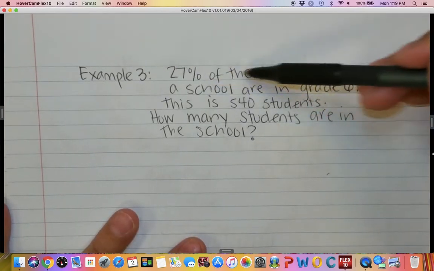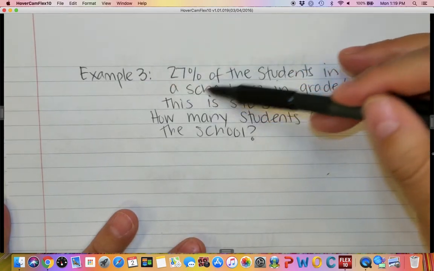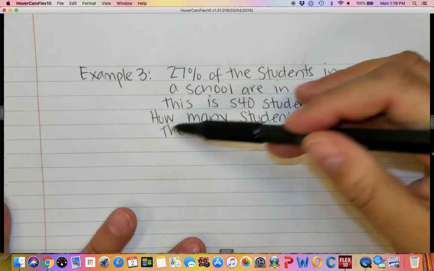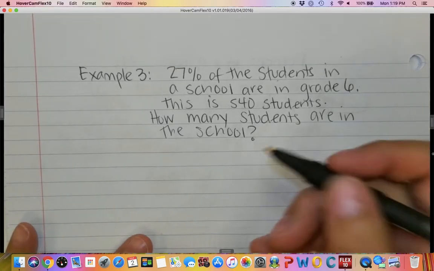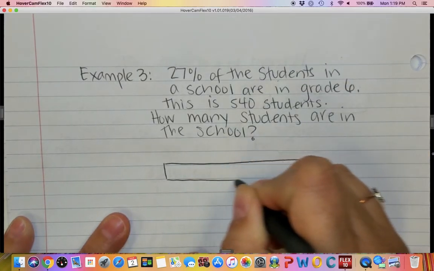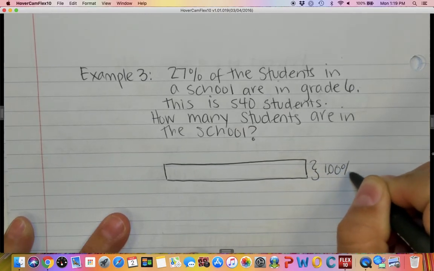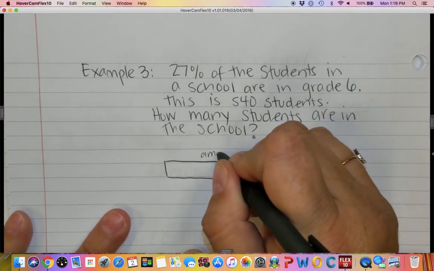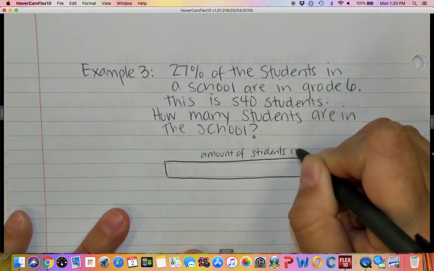Here's what we know. 27% of the students in the school are in grade 6. We know that that 27% represents 540 students. We don't know what 100% of the students are. So my model will look like this, just like we did. We know that this bar is going to represent 100%, and we're looking for the amount of students in the school.